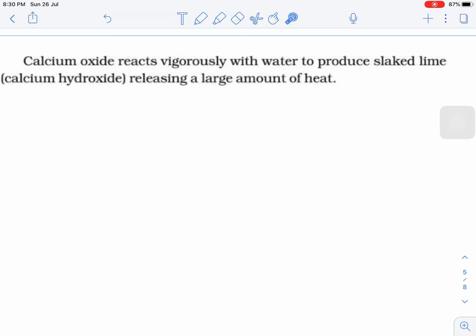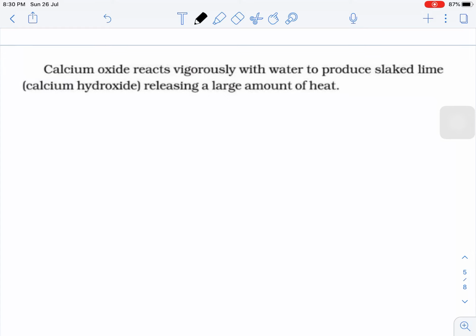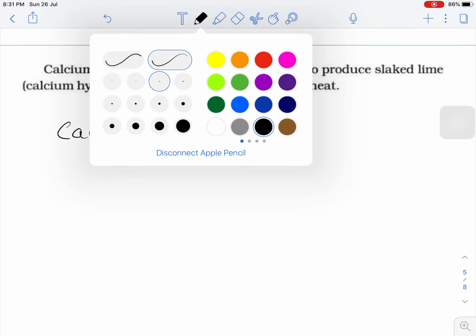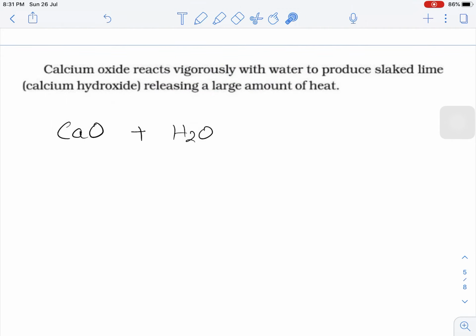Calcium oxide is written as CaO. Now it is reacting with what? It vigorously reacts with water. We know that the molecular formula of water is H2O. Then to produce, so to produce means we have to put an arrow mark here.